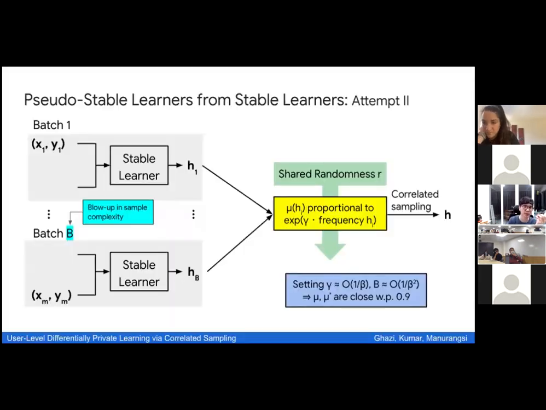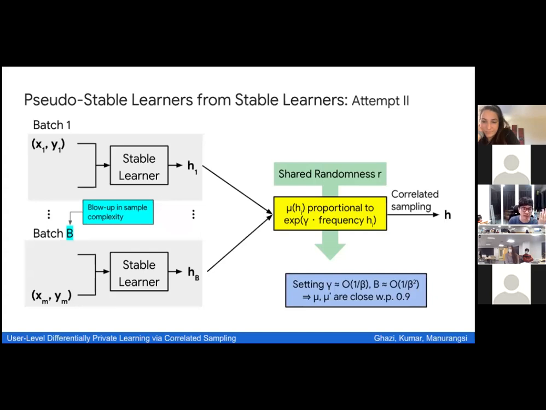Okay, so what Albert is asking is the following, right? I was telling you previously that we are going to set the number of batches to be 1 over beta squared. But how does this number of batches affect your sample complexity? Recall that you have to run your stable learner B times, where B is the number of batches.